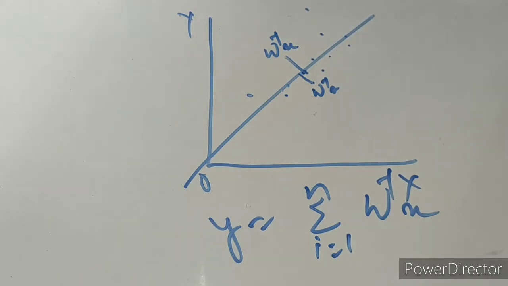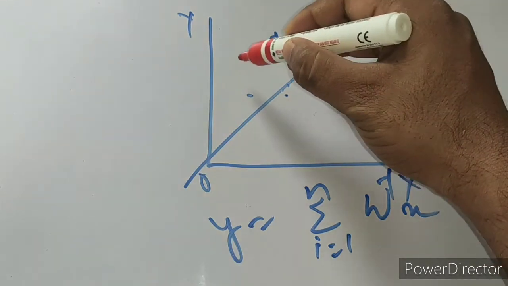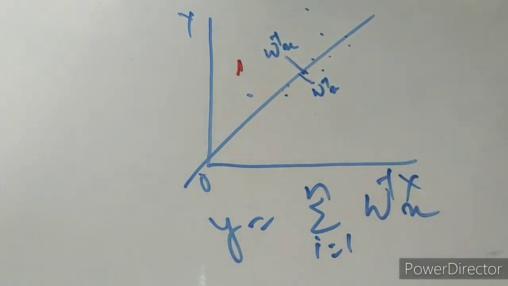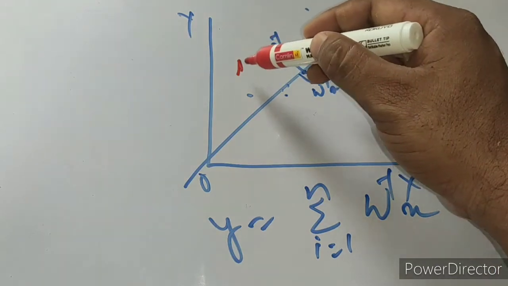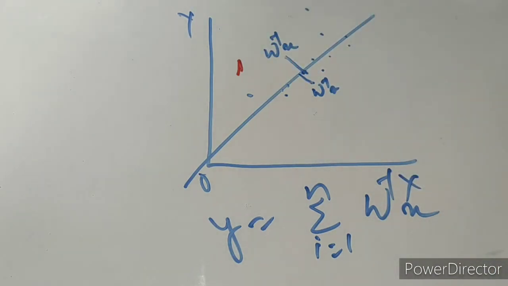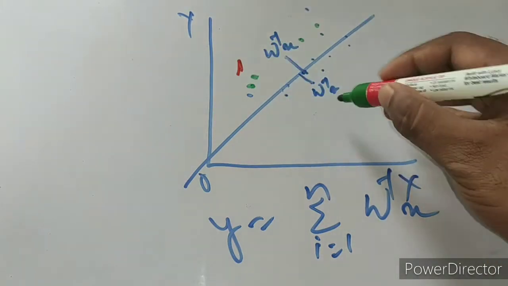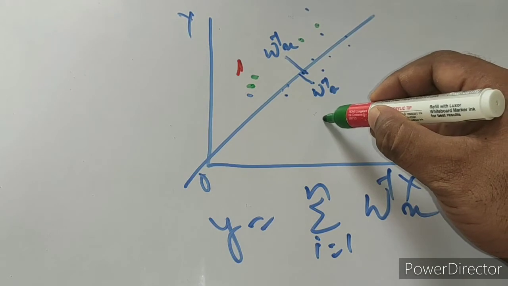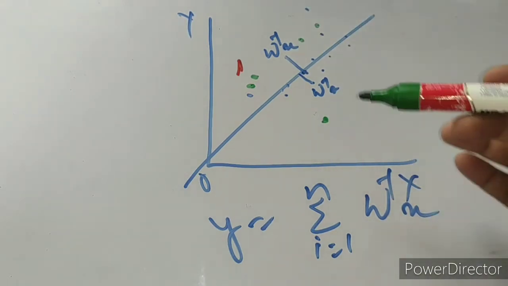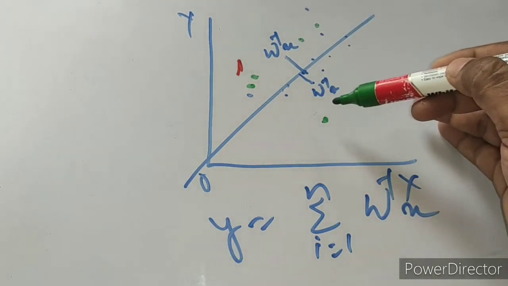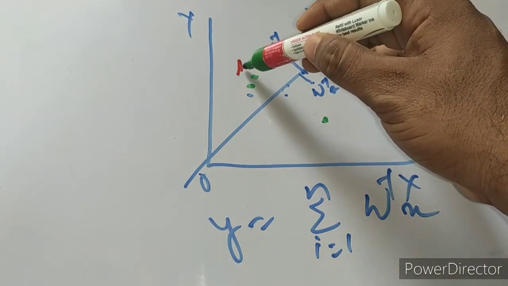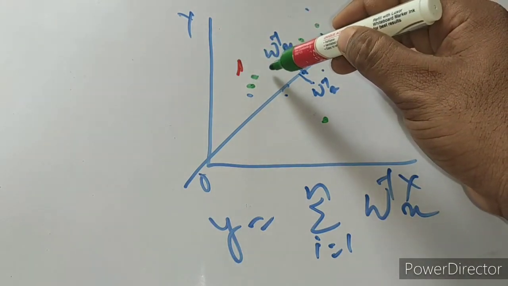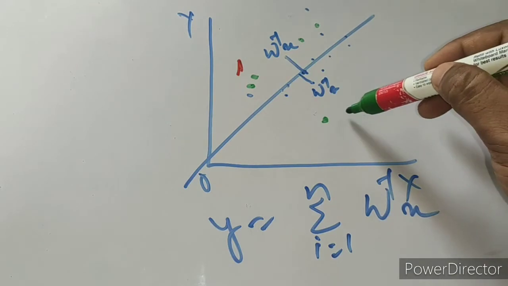Suppose a point should be considered as 1, and that point is present here, and a point which should be considered as 0 is placed here. Or if the point should be 0, it is placed here, and the point which must be considered as 1 is placed here.